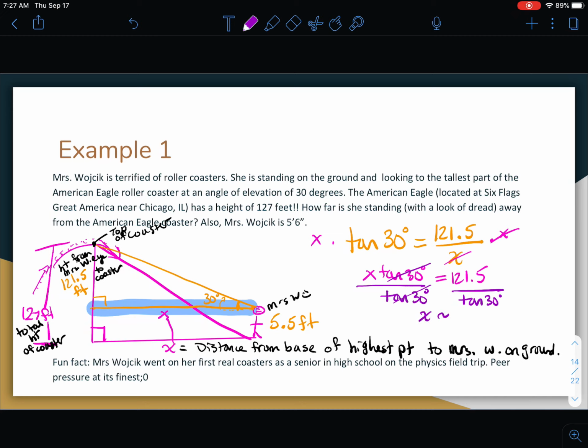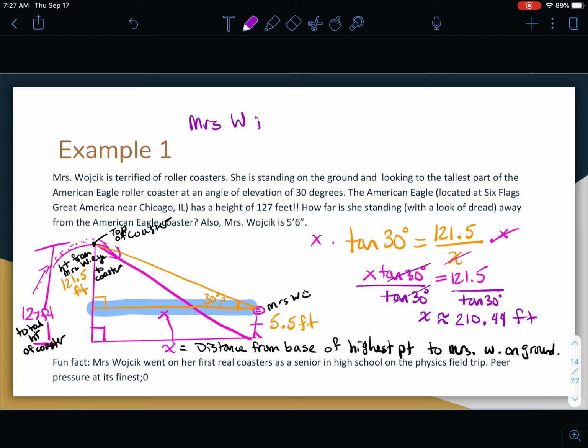A number divided by itself is just 1, and so we have x is about equal to, and I'm going to type this in, 121.5 divided by tangent of 30, and make sure again you're in degrees. That gives me approximately 210.44 feet.